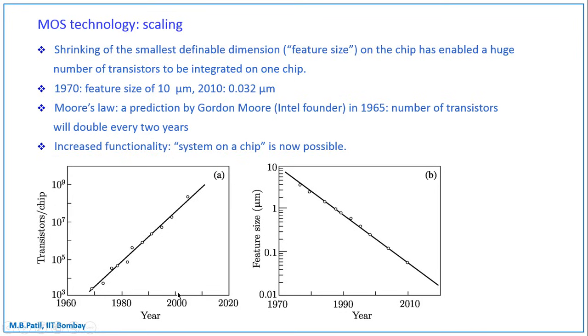Alright. Now what is the practical implication of all these developments in the semiconductor industry? In the 1970s, we were talking about probably a few hundred gates per chip, and now we have much increased functionality possible, and we can talk about system on a chip, which is much more complex than what we used to have in the 70s.